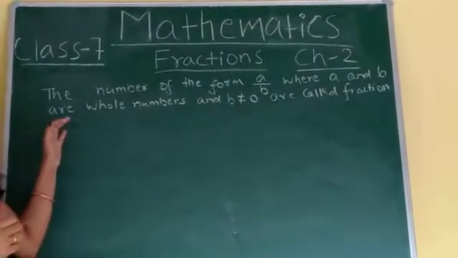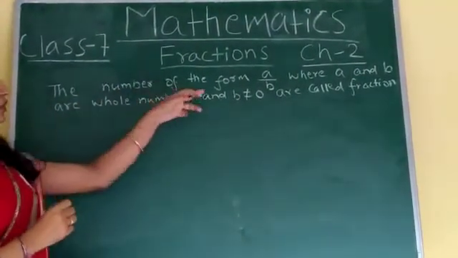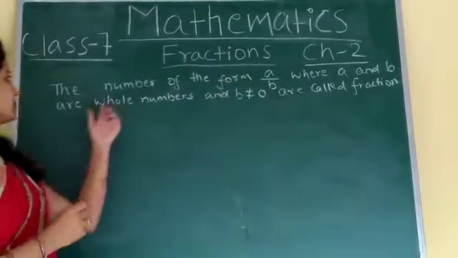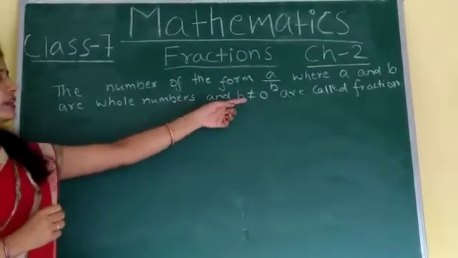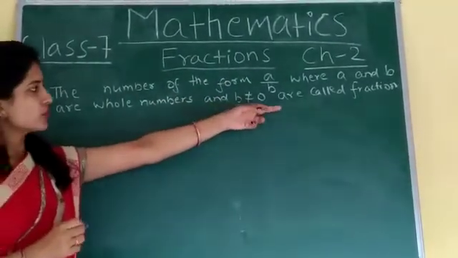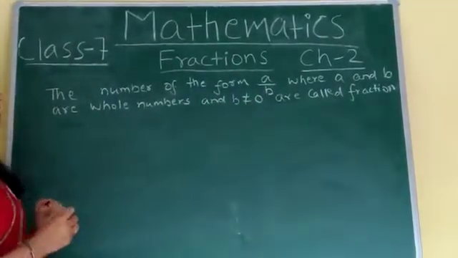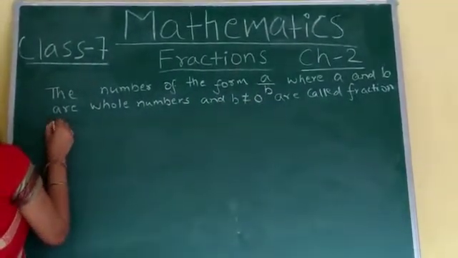So you have to write it down. The number of the form a by b where a and b are whole numbers and b not equal to 0 are called fractions.